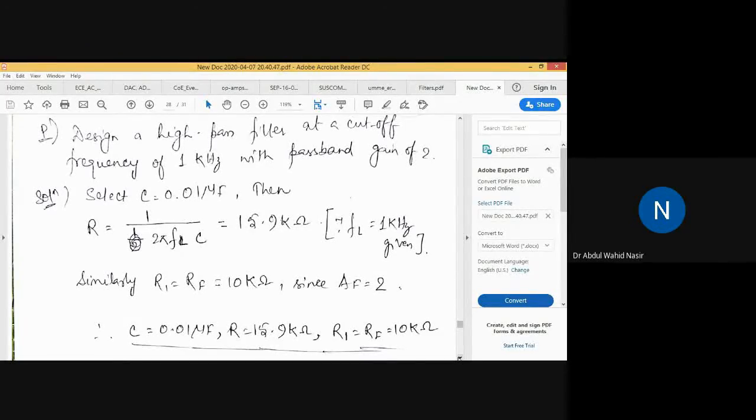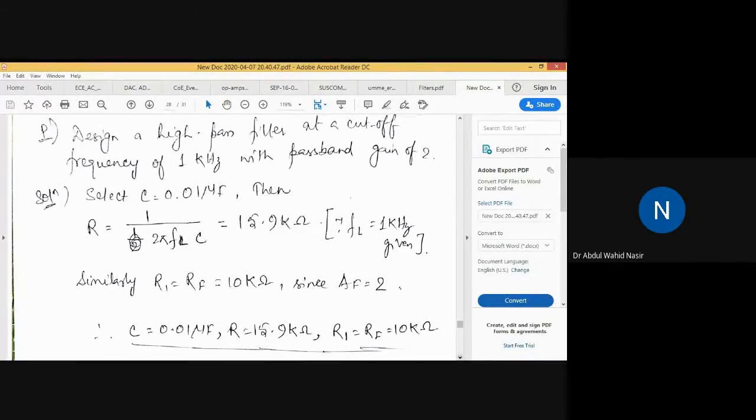That is the first criterion. Here we have chosen C as 0.01 microfarad. Again I'm telling you that you can choose 0.05 also, it is correct. 0.5 is also correct, or 0.009, or any value less than 1 microfarad. In this case, we have chosen C as 0.01 microfarad.